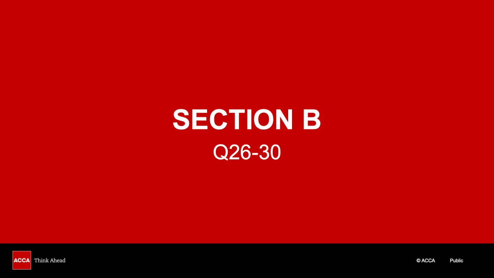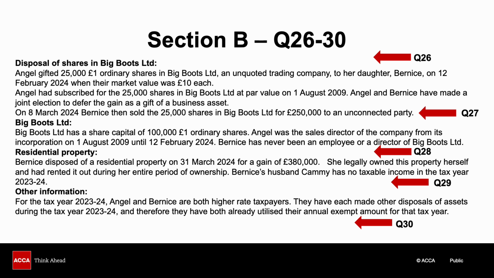The last section within section B then, the last case we've got is 5 questions covering capital gains tax. So questions 26 to 30. So we'll look at those now. So there was a lot of narrative information given for these 5 questions.